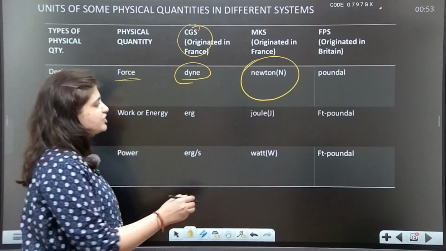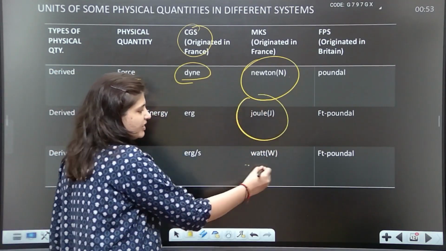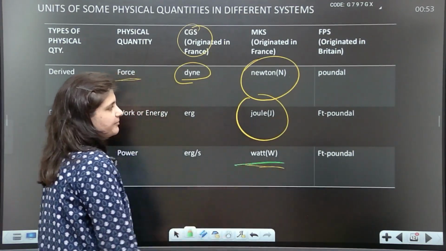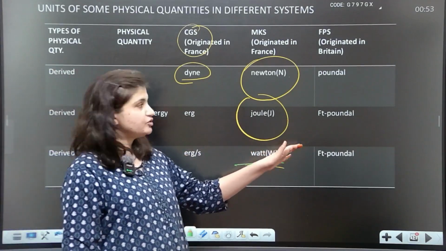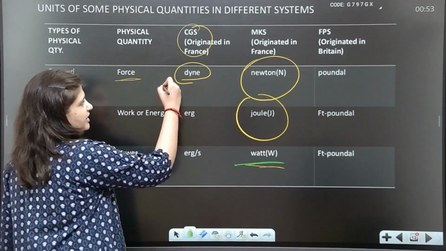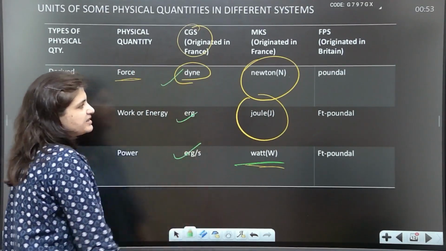For work and energy, we have the joule, and for power, we have the watt. In CGS, we have the dyne, erg and erg per second.